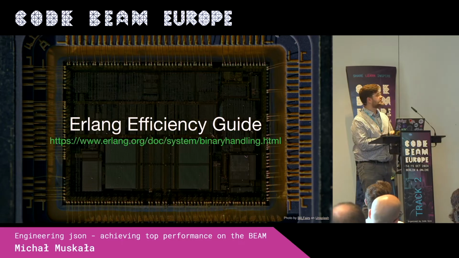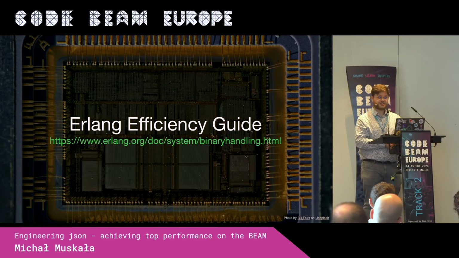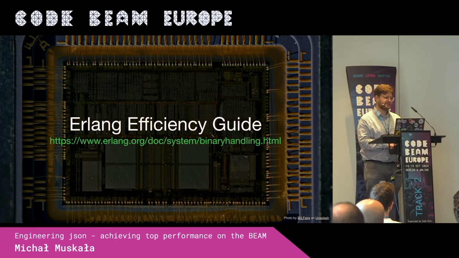And a lot of this stuff is in the OTP documentation. The Erlang efficiency guide is a great resource that's kept up to date by the OTP team. And I would refer you to reviewing it. It has a lot of accumulated knowledge over the years that's relevant for each version.